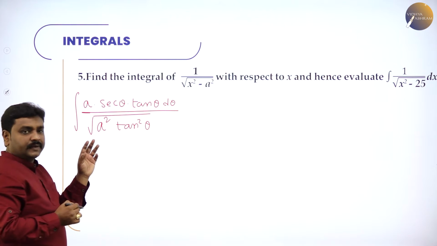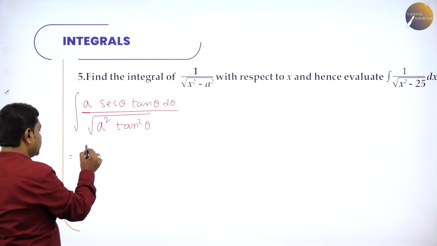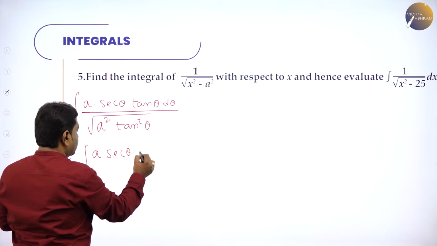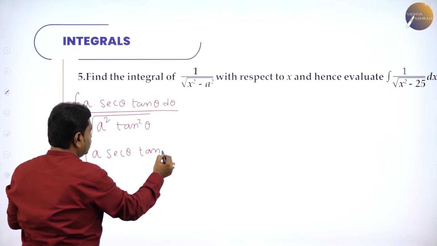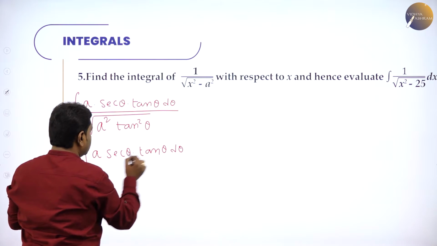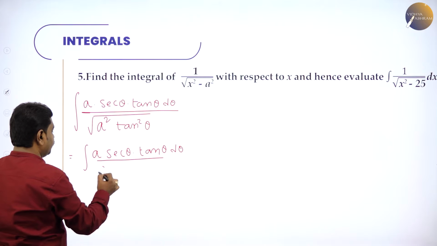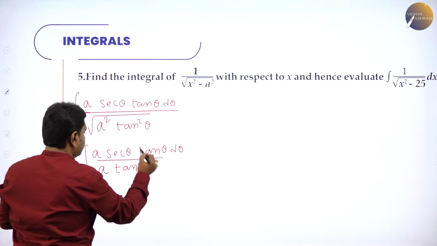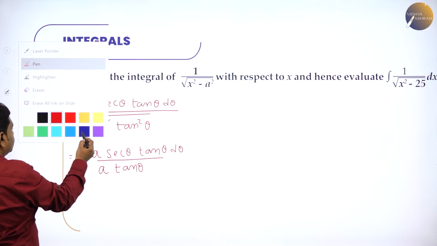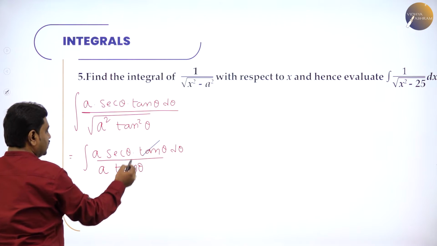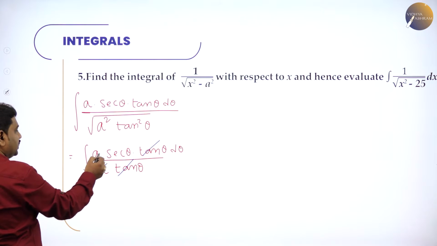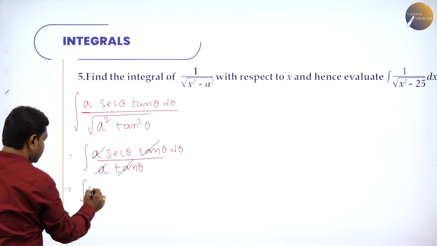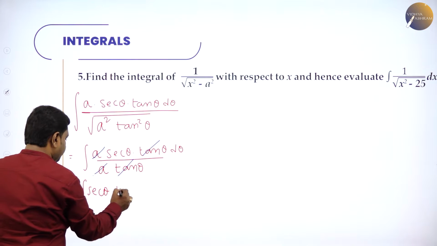So now further simplifying this, we'll have integration of a secant theta tan theta d theta divided by root of a square is a, root of tan square theta becomes tan theta. So now you can cancel the terms. I can cancel tan theta and tan theta, I can cancel a and a, so I am left with integral of secant theta d theta.